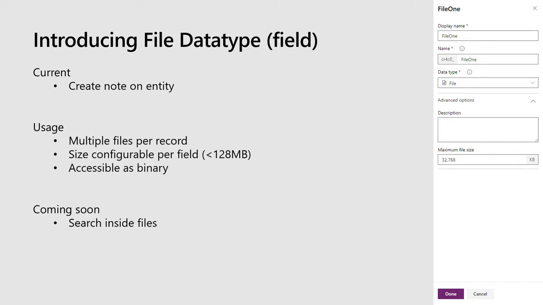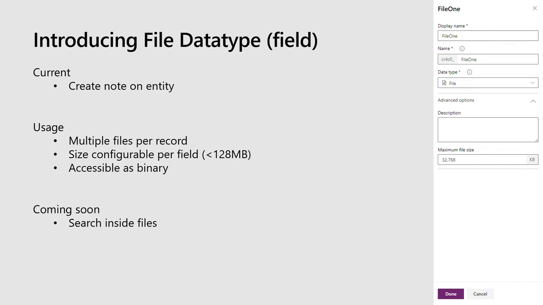You're no longer requiring your administrator to set up the maximum size of your attachment within your administrative system UI, and therefore you can decide that this particular field you want to have only small files, and this particular field you actually require, for whatever reason, your customers to have a 128 megabyte file or whatever it is.